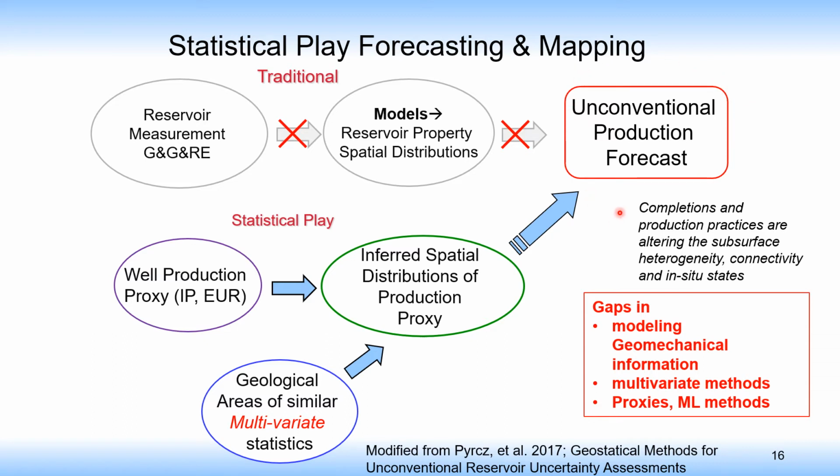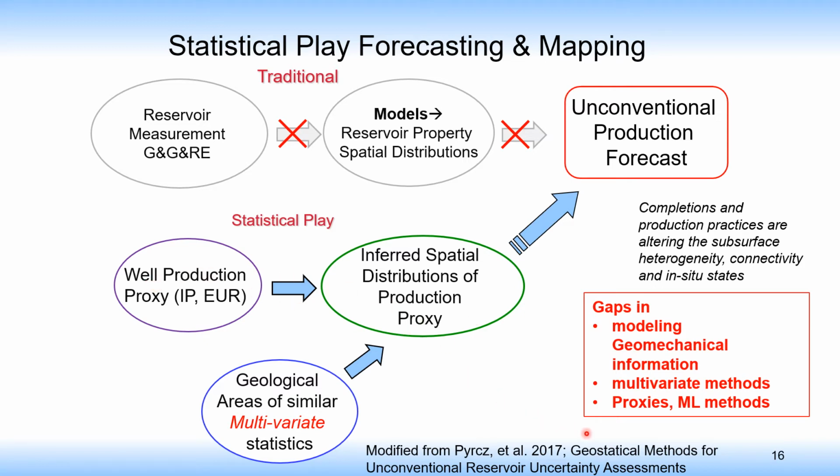But the issue is that the completions and production practices are altering the subsurface heterogeneities and the connectivity and in situ stress states. So in this approach, we could treat it as a statistical play. Take the actual production numbers that are known in the area, for example, IP60, 90, expected ultimate recovery, map those, and use the geologic parameters as multivariate statistics, like we're using in the conventional flow, and infer the spatial distributions of the proxy model.